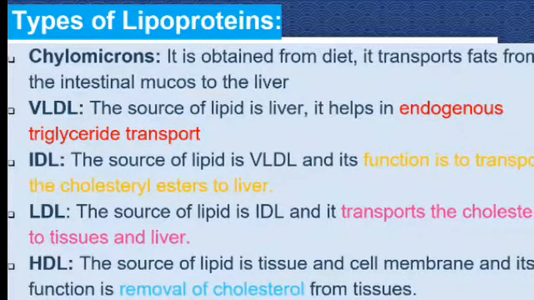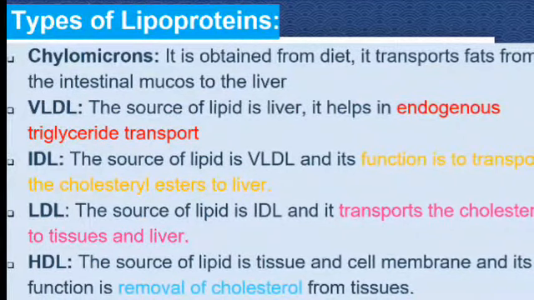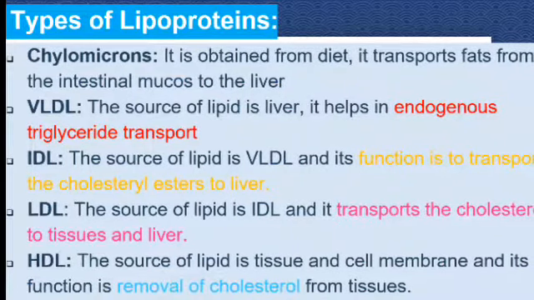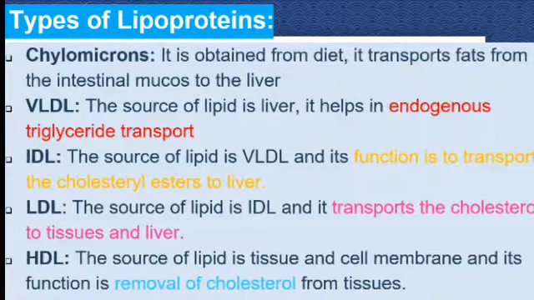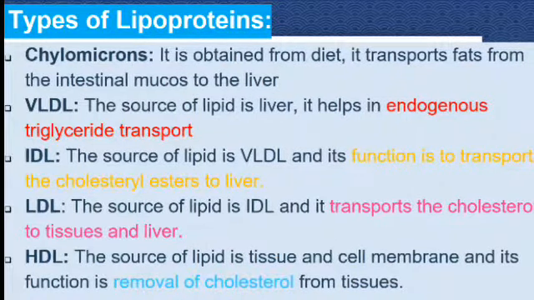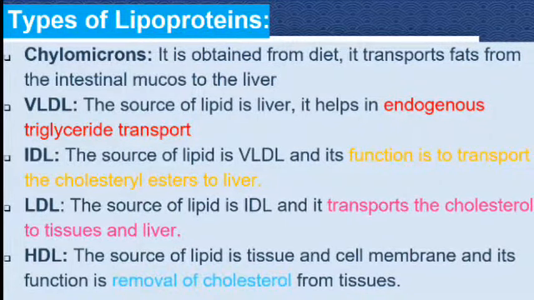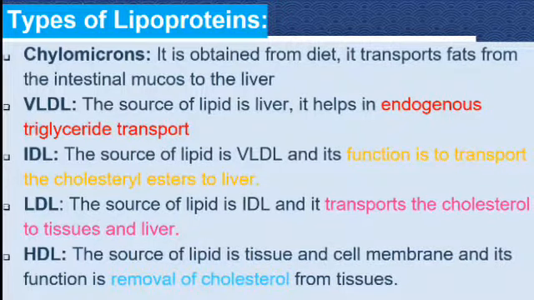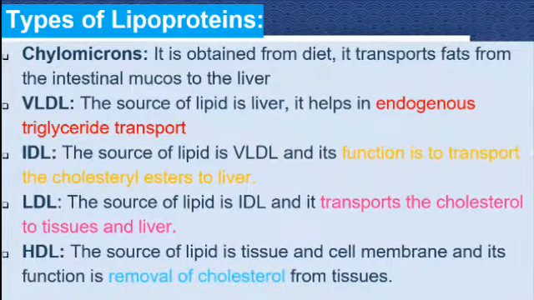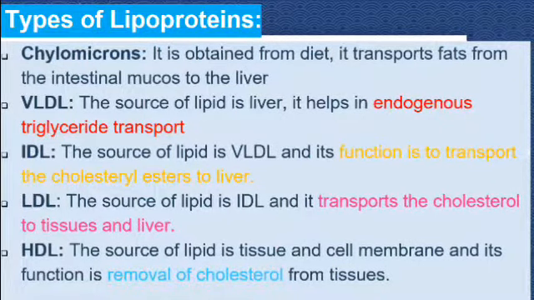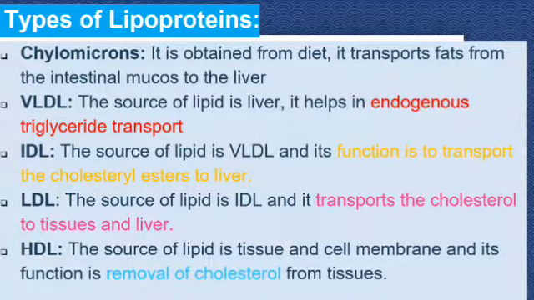And the fifth one is the HDL, which stands for high density lipoprotein. The source of lipid is tissue and cell membrane and its function is removal of cholesterol from tissues. It is sometimes called the good cholesterol because it carries cholesterol from the other parts of your body back to your liver. Your liver then removes the cholesterol from your body.